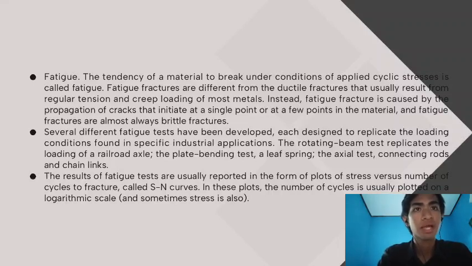Most metals have S-N curves that continually show longer life at lower stress, and the fatigue strength of the material must be recorded for a given number of cycles. For steel, however, the curve breaks off and becomes essentially horizontal at some stress level called the fatigue limit.